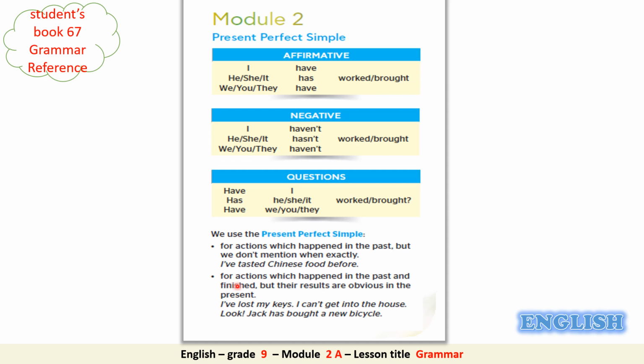The second use is for actions which happened in the past and finished, but the results are obvious in the present. For example, I have lost my keys. I can't get into the house. Here the result is he can't get into the house as he has lost the keys. Look, Jack has bought a new bicycle. The bicycle is over there. You can see it. So Jack has bought a new bicycle.